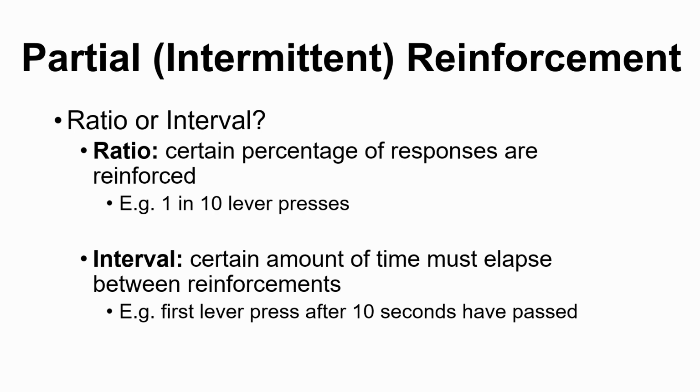Whereas an interval is talking about an interval of time. So a certain amount of time must elapse between our delivery of reinforcement. So maybe it's every 10 seconds. So the first time you press a lever after those 10 seconds have passed, that's when you would get reinforcement. So when we refer to time, we're talking about interval. When we're talking about numbers, we're talking about ratio.